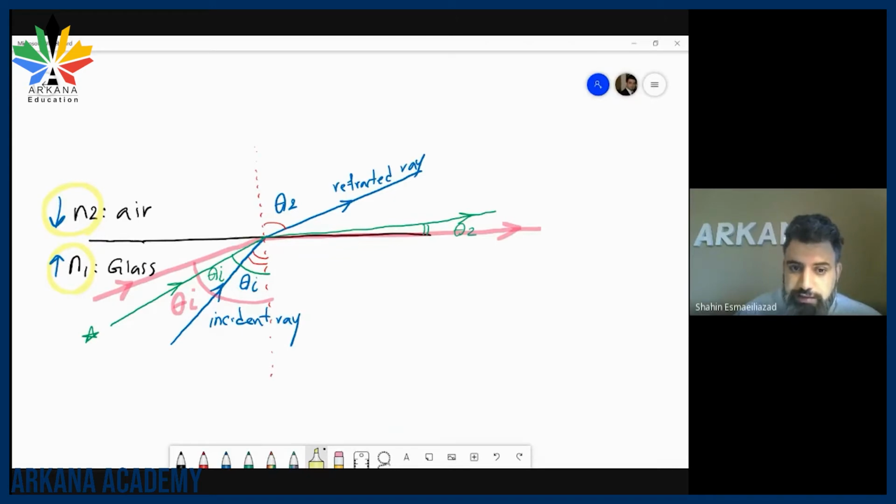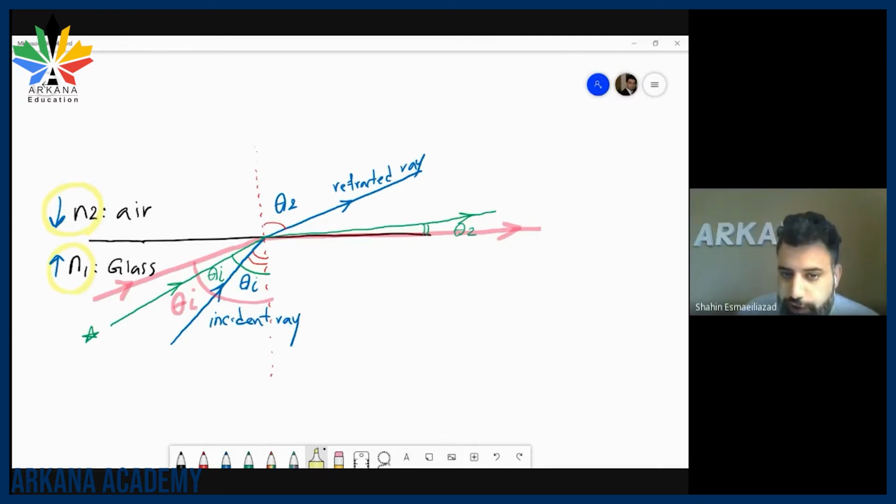So in that case, we call that angle the critical angle. So the definition is the smallest angle of incidence at which the light ray passing from one medium to another less refractive medium can be totally reflected from the boundary between the two. So basically, that's the starting point.